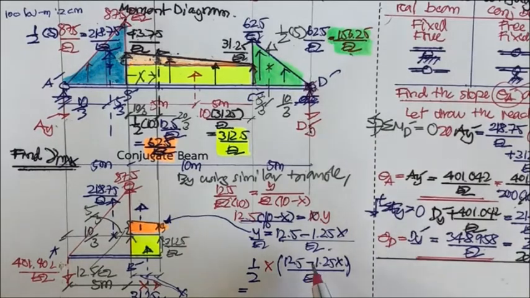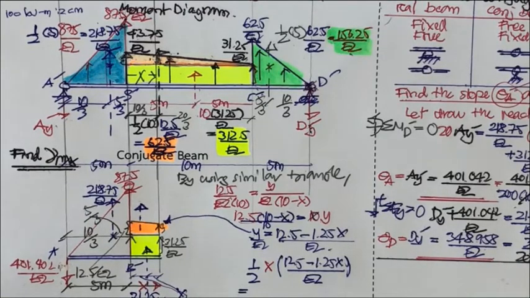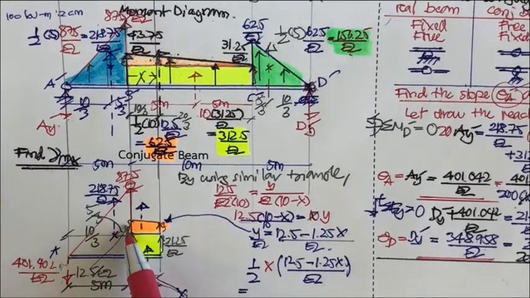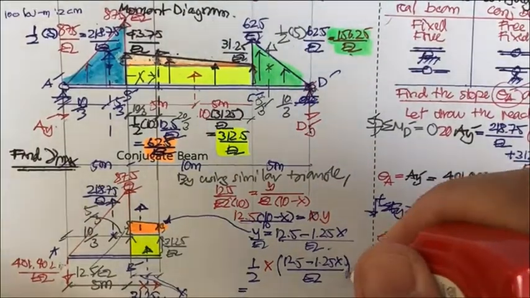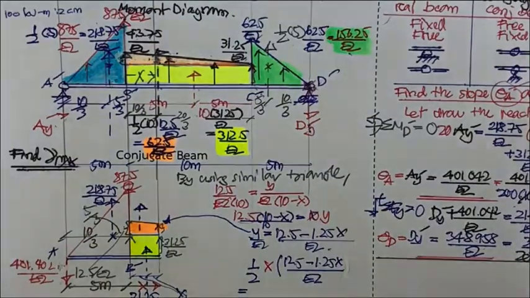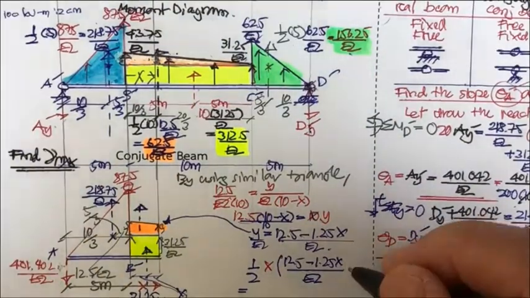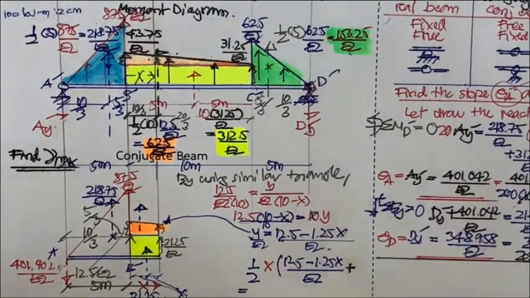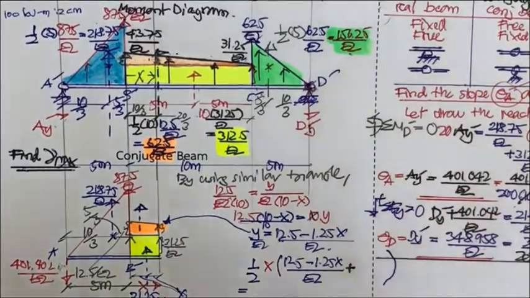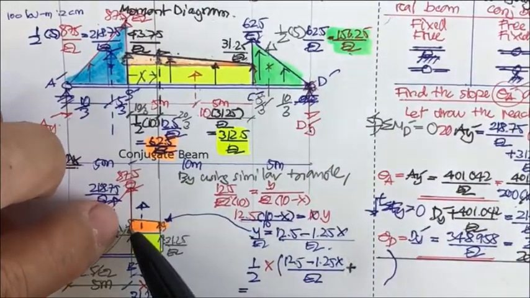1/2 x times this. No, it's going to be 1/2 x, this one plus this one. Okay, so y must plus this one plus this one divided by 2 and times this.